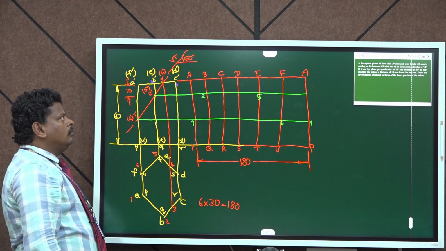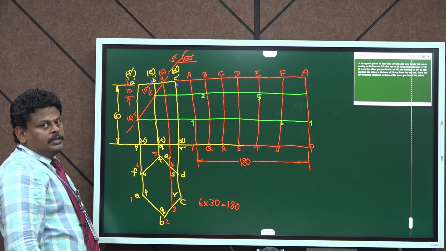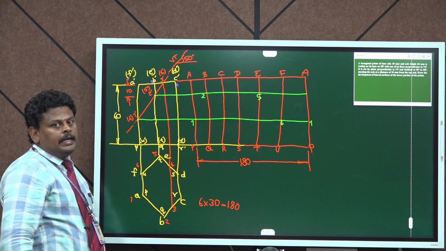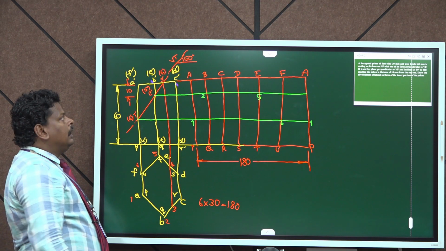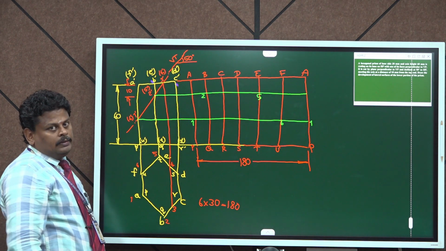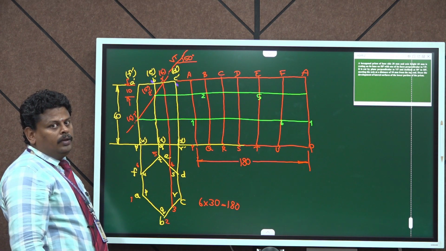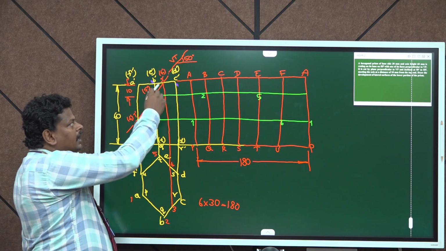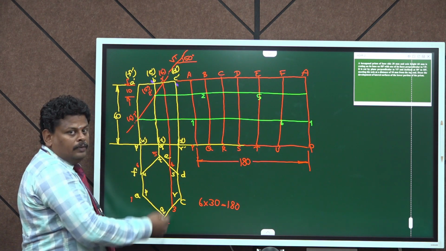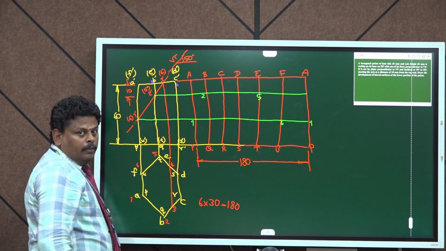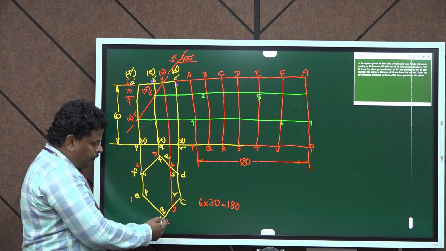So next we have to locate the points 3 and 4. Here the points 3 dash and 4 dash are intersecting in between B dash and C dash. So it is cutting in between the edges B dash C dash. So these points can be referred from the top view. From the top view we need to measure the location of point 3. For example, BC.